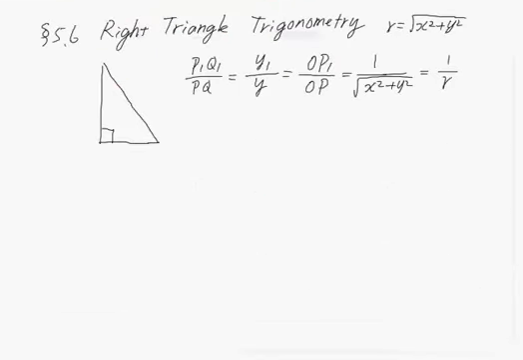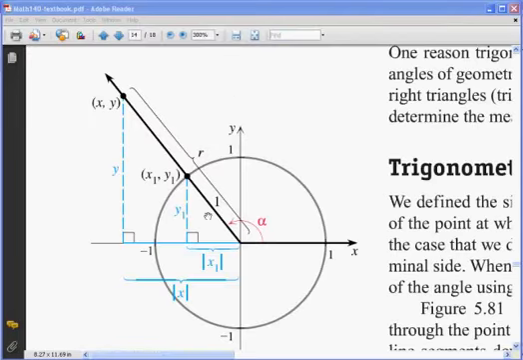So you have OQ1 over OQ equal to OP1 over OP. And OP1 is just equal to 1, OP is just equal to r. And what are OQ1 and OQ? Let's go to the graph.